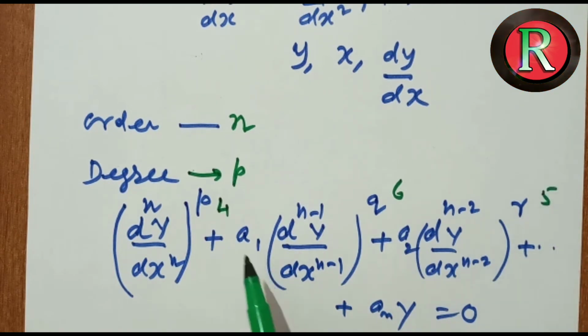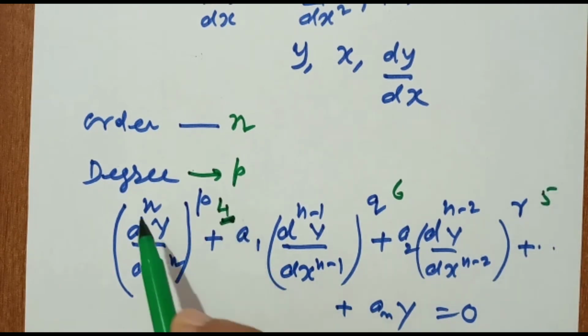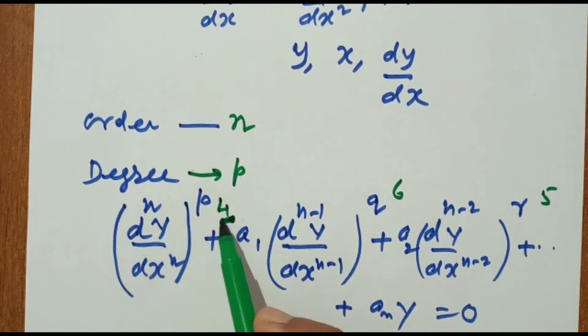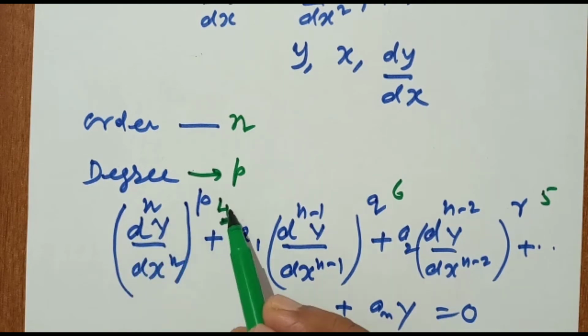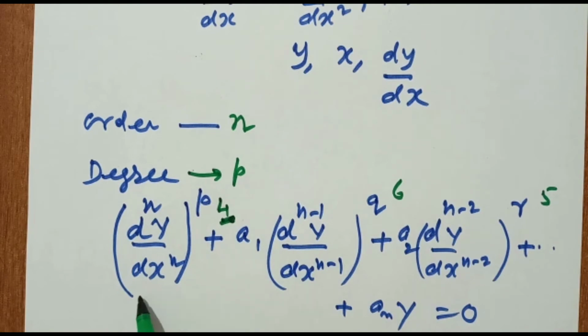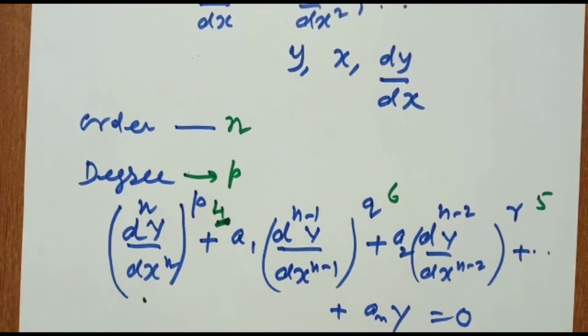Then the degree is 4, because the degree is that of the highest order derivative of the differential equation. You first check the order, and its power is called the degree of the whole differential equation. So this is the order and degree.